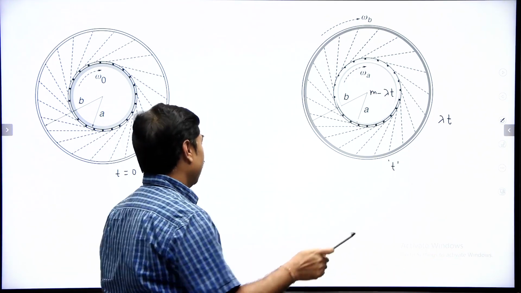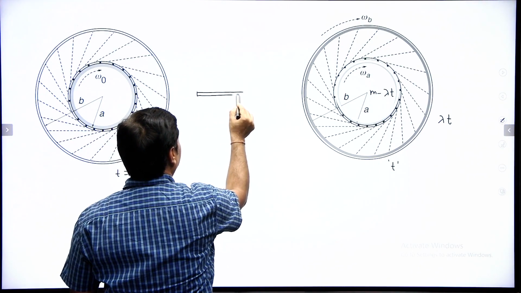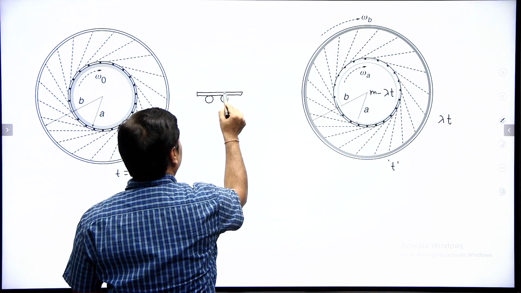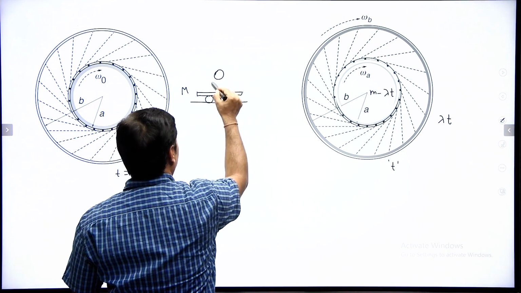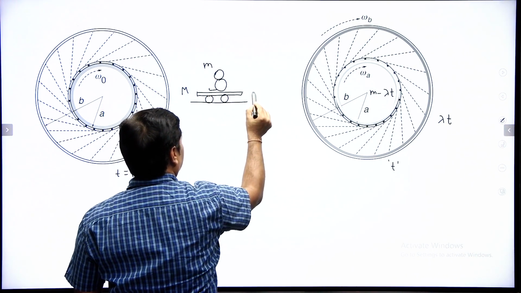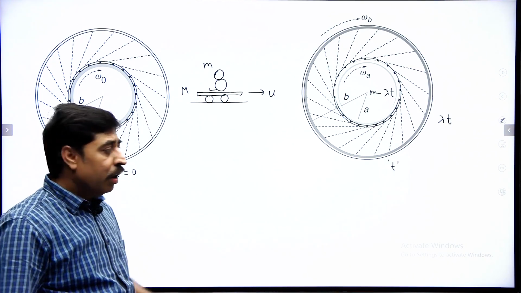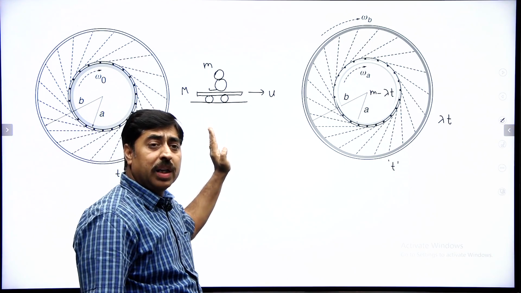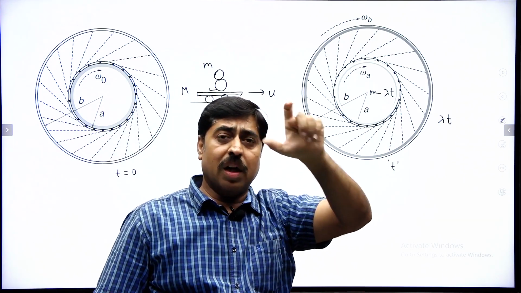If I talk in terms of linear mechanics, suppose there is a cart of mass M and there is a boy or a monkey riding on this cart, and the whole thing is going with velocity u. Now, if suddenly the monkey jumps vertically up relative to the car, will the velocity of the cart change?